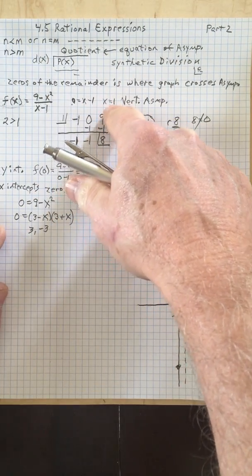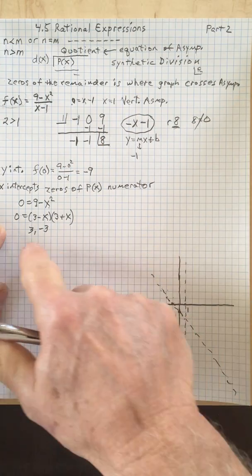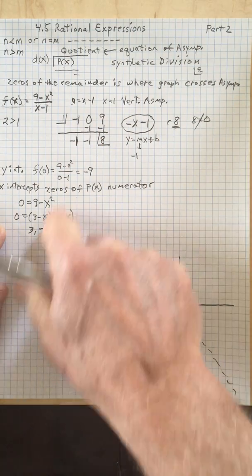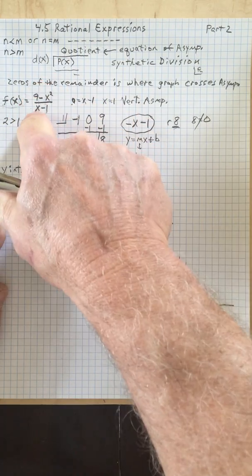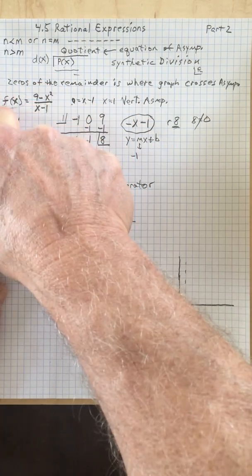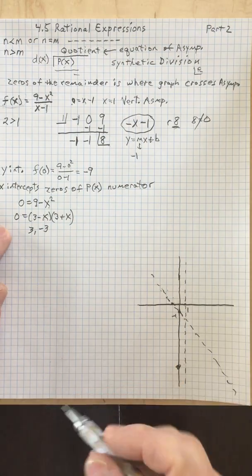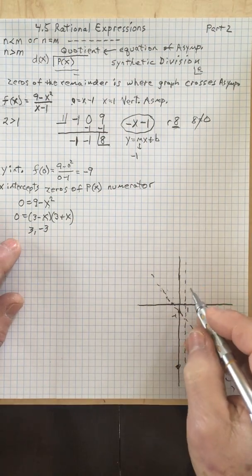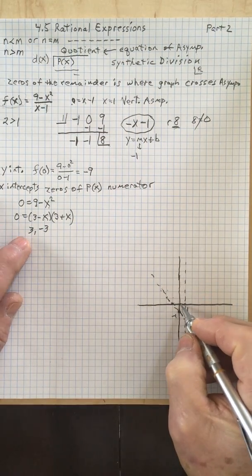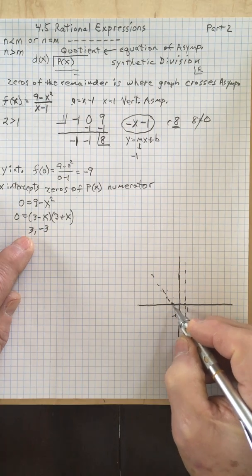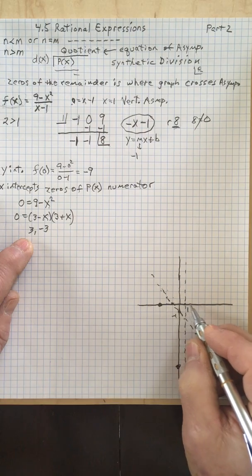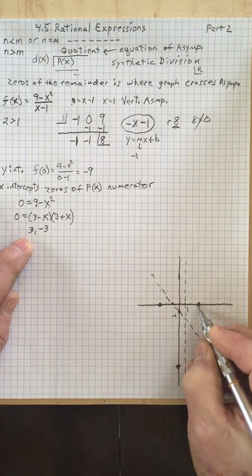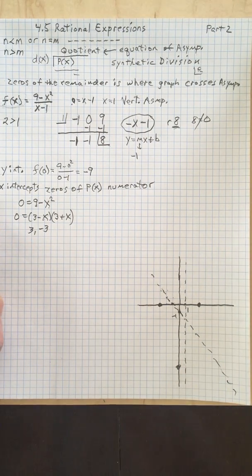Only x equals 1 would be excluded from the domain. And each of these values makes the numerator equal 0, which would make the entire fraction equal 0, which would make y, or the function, equal 0. So when y is 0, x can be -3 or 3.